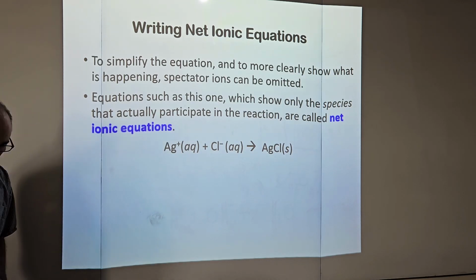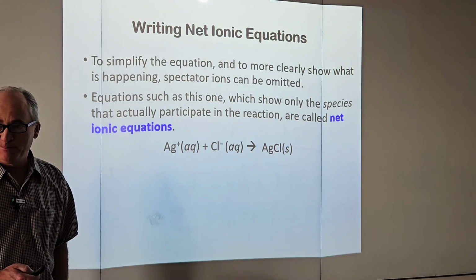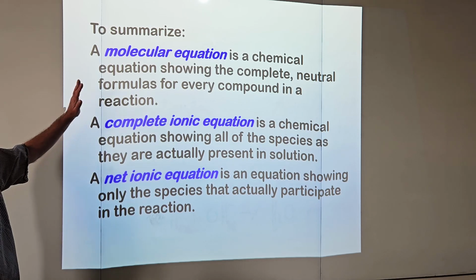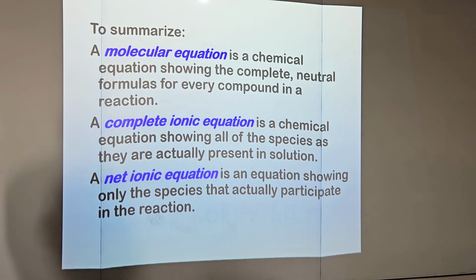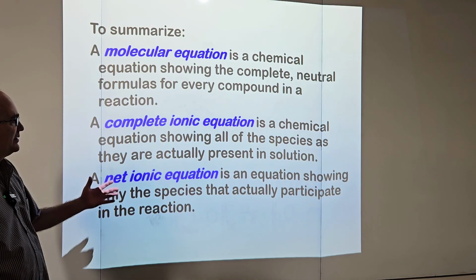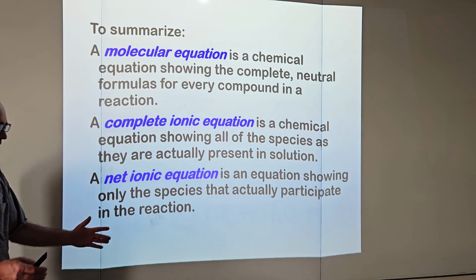All right, can you define everything you've learned today so far? Define molecular equation. It's a chemical equation showing the complete neutral formulas for every compound in a reaction. I think this is what we normally deal with. The complete ionic equation is a chemical equation showing all of the species that are actually present in solution. So everything with an aqueous, we separate it.